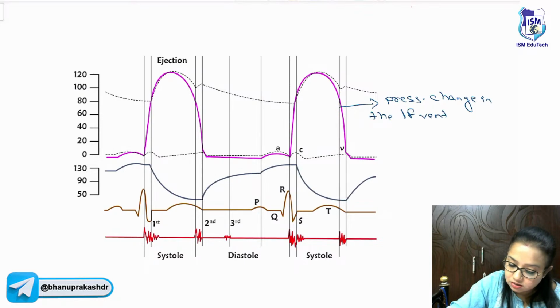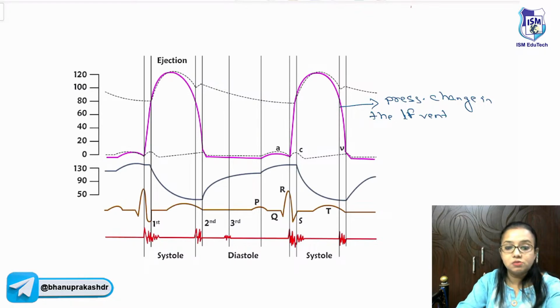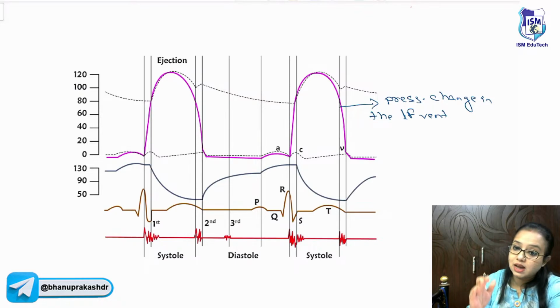Now here one thing I am telling you: why are we concerned about studying the pressure change in the left ventricle? See, the same pattern, the same pressure change, the same event is also happening in the right ventricle as well.